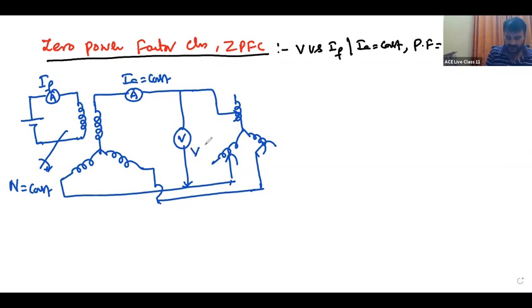This is the terminal voltage V, whereas this is the pure inductive load, the ZPF lagging load.